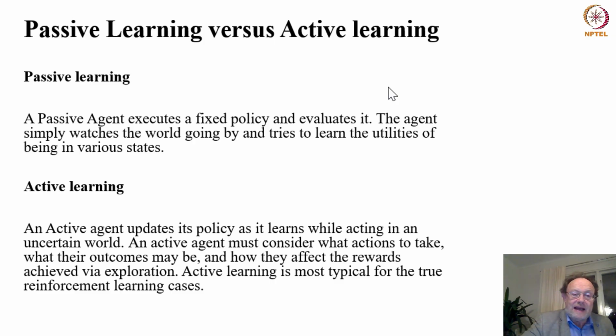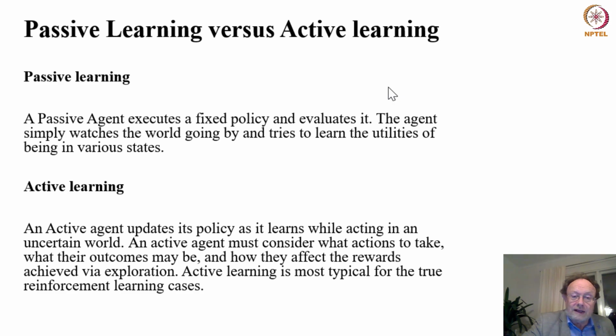In active learning, the agent can update its policy as it learns, and of course there are different modes of that, and it can do that also while acting in the world.